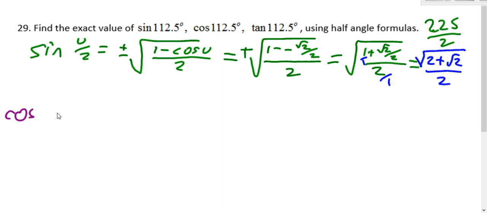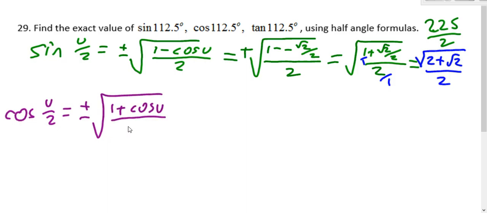Follow pretty much the same steps for cosine. Pretty much the same formula. It's 1 plus cosine. Since we said 112.5 degrees is quadrant 2, that means it's negative because cosine is negative in quadrant 2.